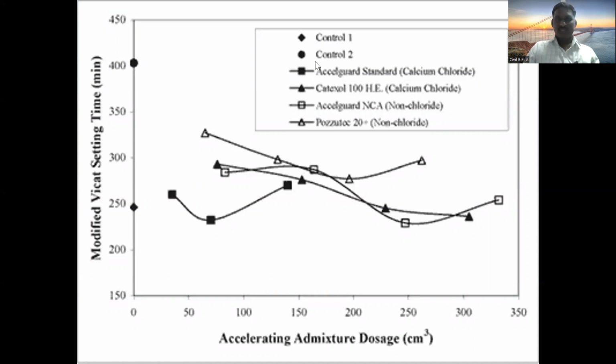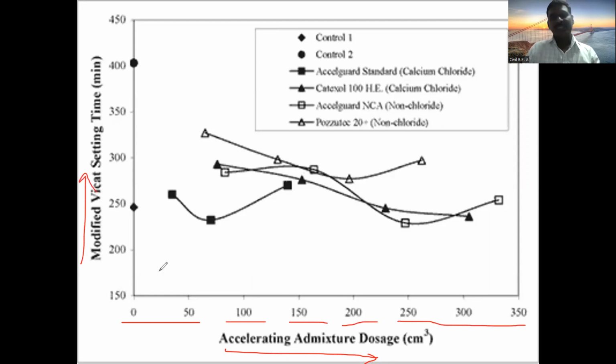On the x-axis, the doses are given in cubic centimeters: 50, 100, 150, 200 up to 350. On the y-axis, by the modified WCAD apparatus, the setting time is shown in minutes: 150, 200, 250, 300, 350 and 400 minutes.